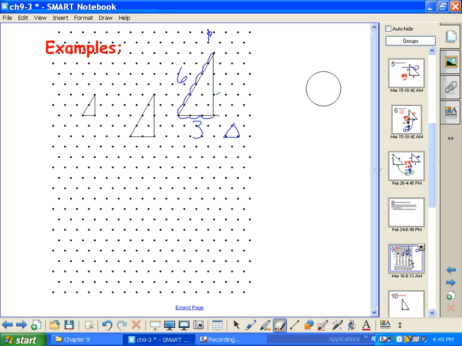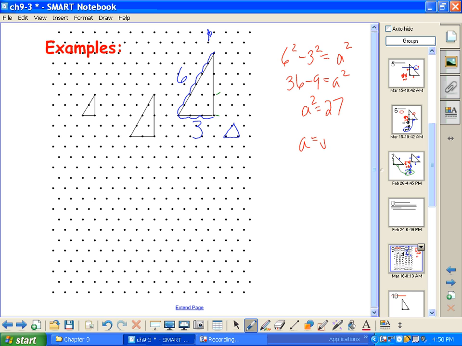Let's do that. I know that 6 is my hypotenuse, 3 is a leg. So we can do 6 squared minus 3 squared equals a squared, x squared, whatever you'd like to use. So 36 minus 9 equals a squared. So I know a squared is equal to 27. Again, I don't want you to use your calculators. We need to simplify this radical.